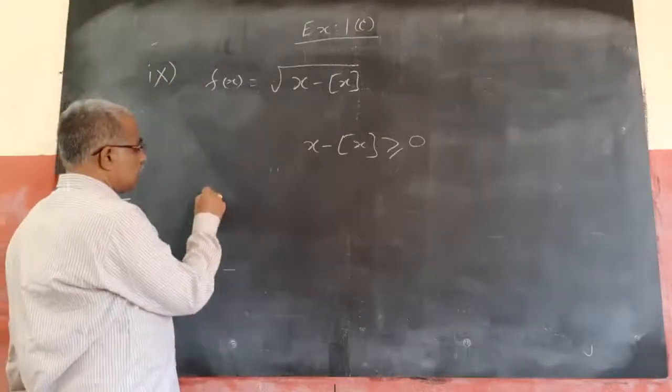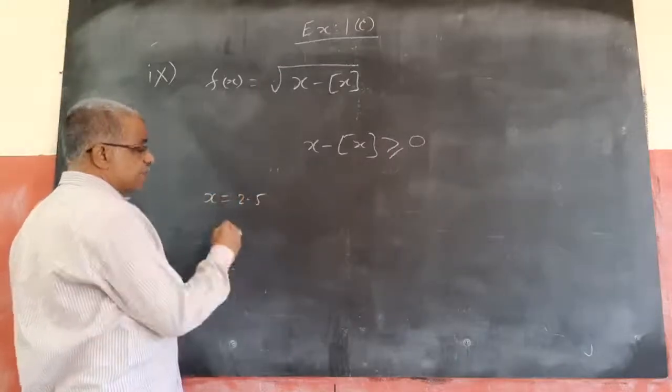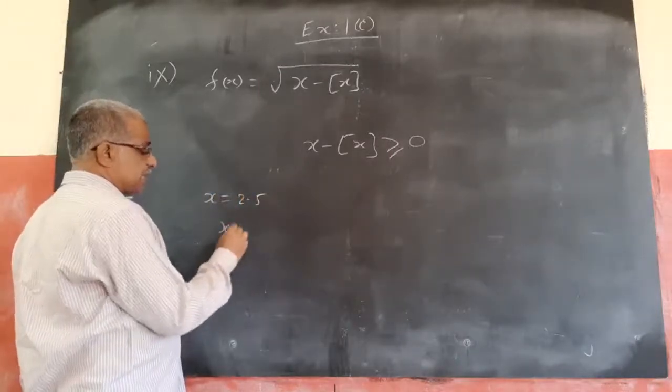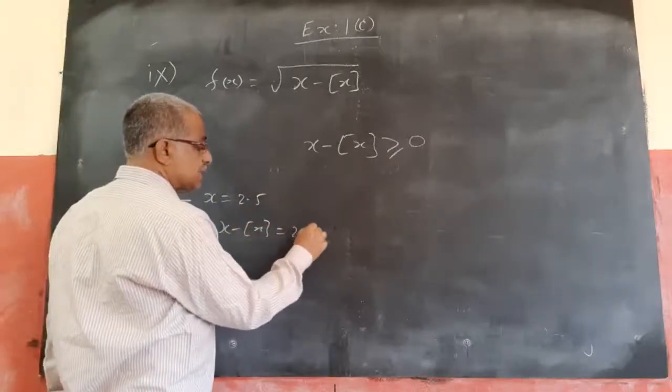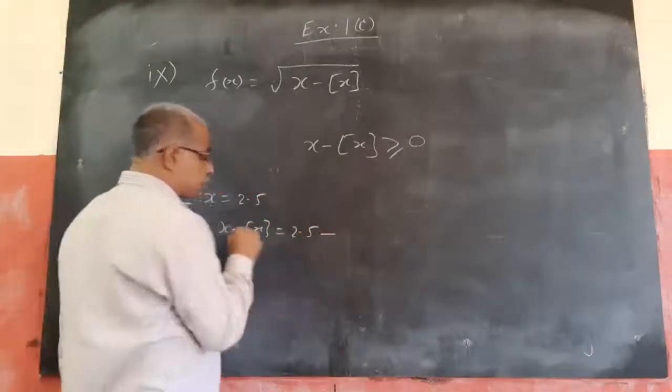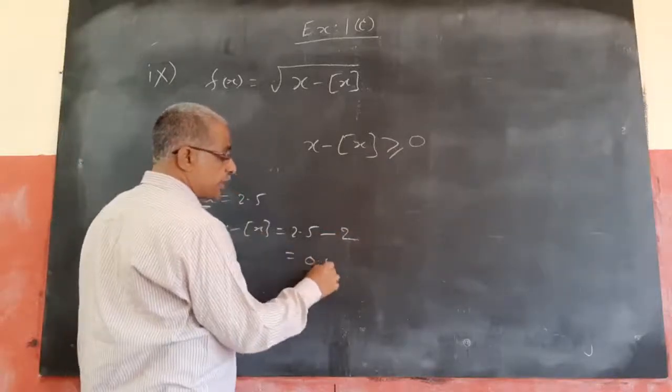For example, take x equal to 2.5. What is x minus step x? X minus step of 2.5, and step of 2.5 is 2. So 0.5 is greater than or equal to 0.